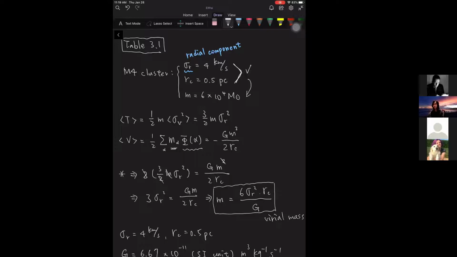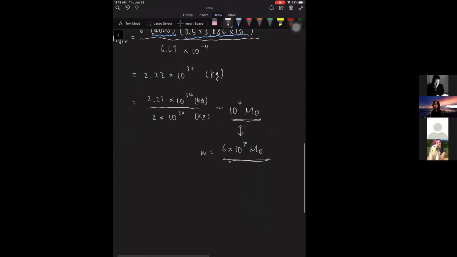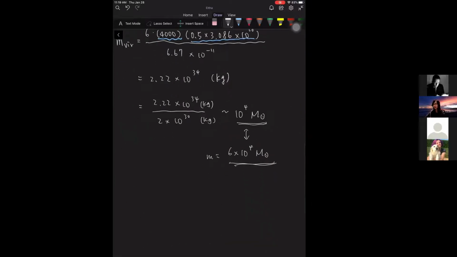A very commonly represented form of virial mass is, I think the professor probably derived something like 6 sigma square eta r over G. So this is a general form of the virial mass.